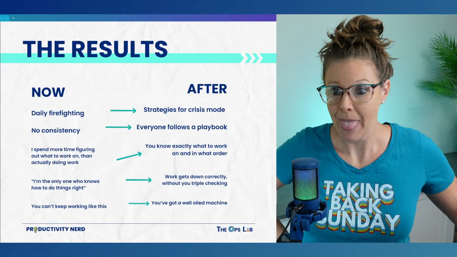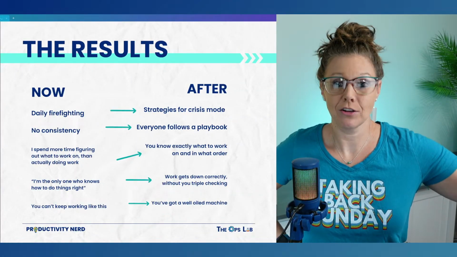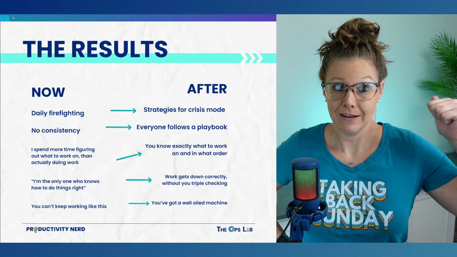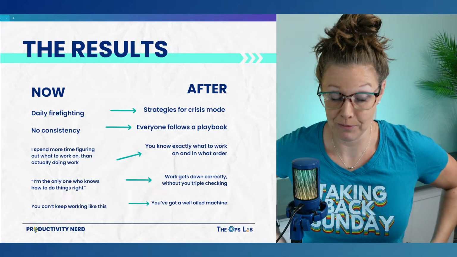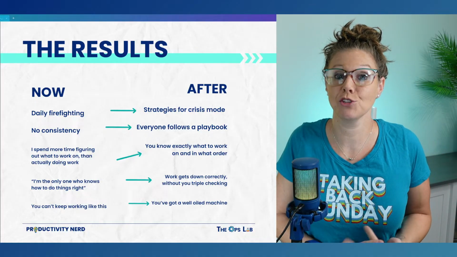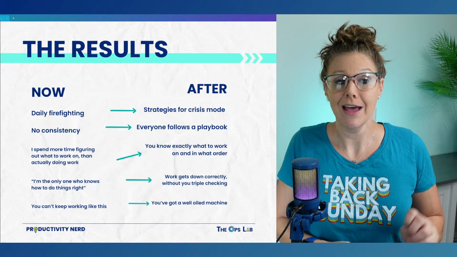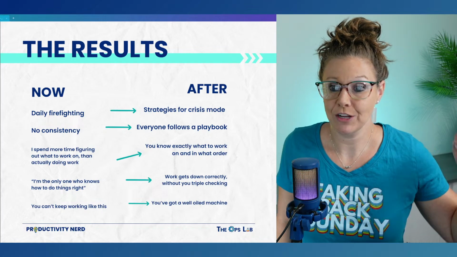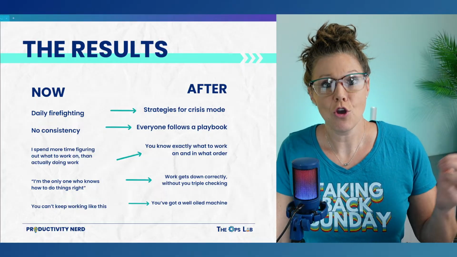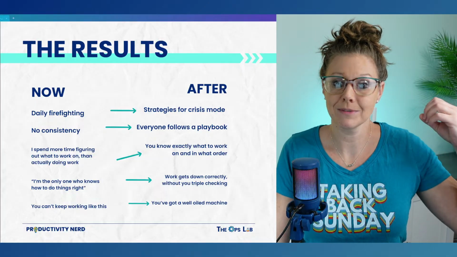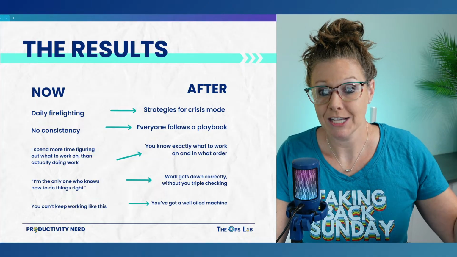So the results. What are we doing now and what is this going to look like after we go through this? And I pulled all of these from literal transcripts from meetings with clients and everything that I've gone over with them over the last few years. But daily firefighting becomes, we've got strategies for crisis mode. No consistency in the business becomes, everyone follows a playbook. This is my favorite.